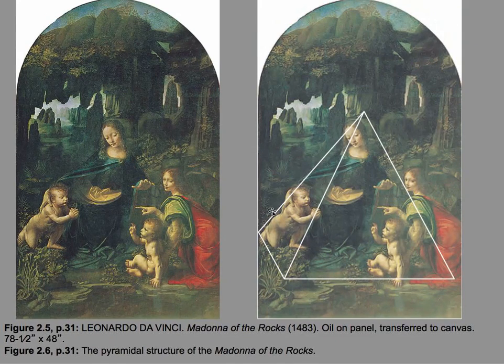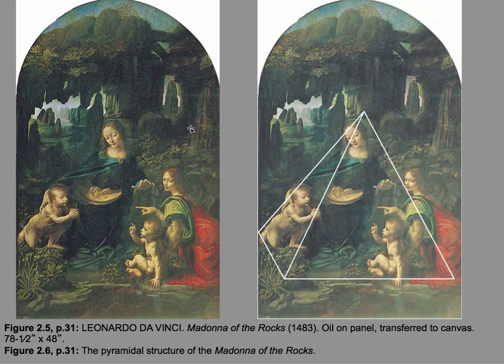Very clearly on the left-hand side, going from the woman's head, down her arm, down the head and back of the cherub, and then also on the other side, head, arm, shoulder, and back, with the second figure, creating a triangle structure to the composition.